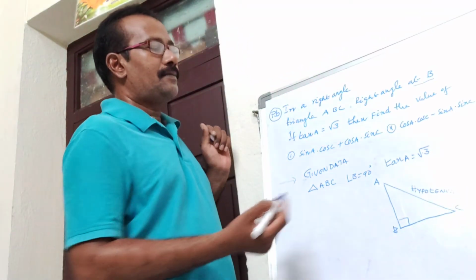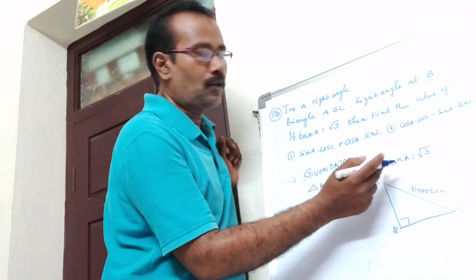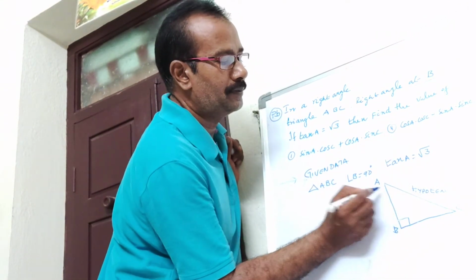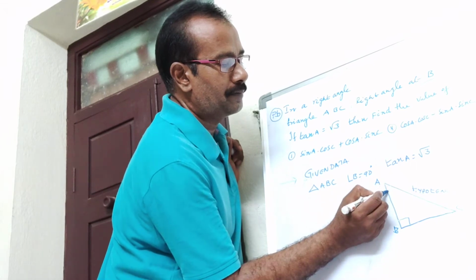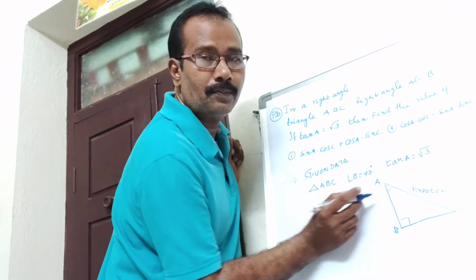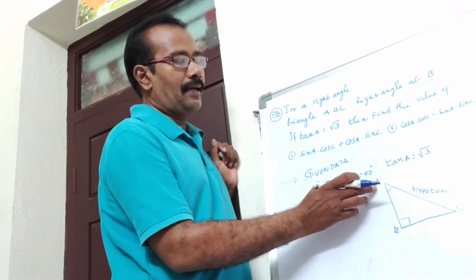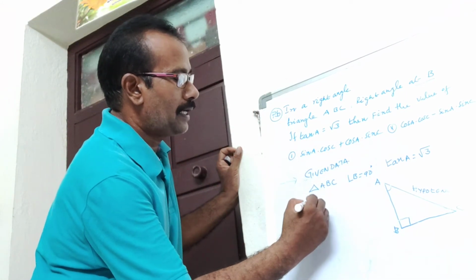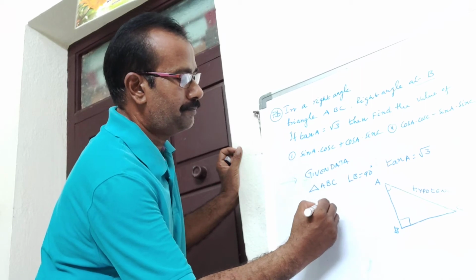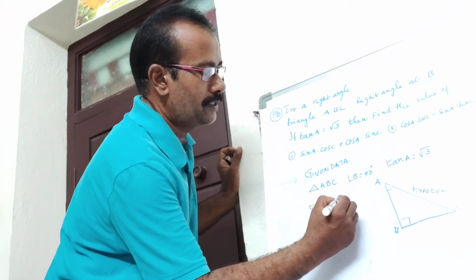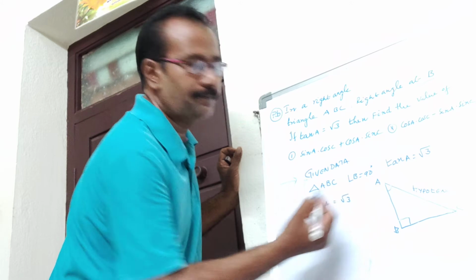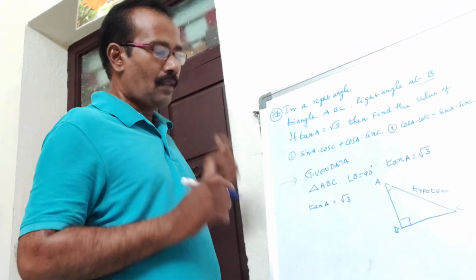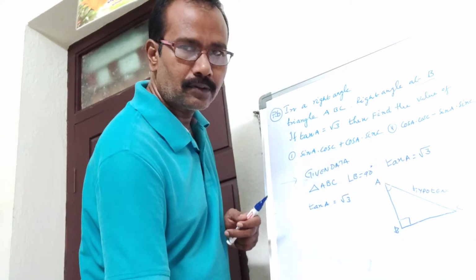Now we consider angle at A, according to tan A equal to root 3. In our problem, the angle is considered at A, so tan A is equal to root 3.